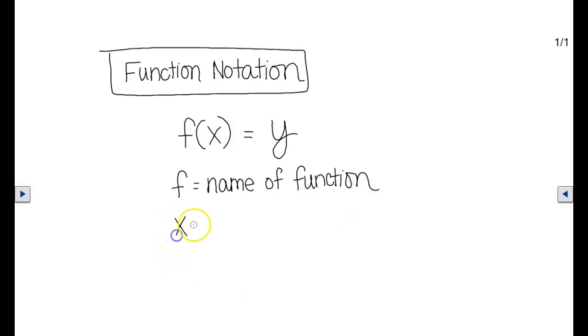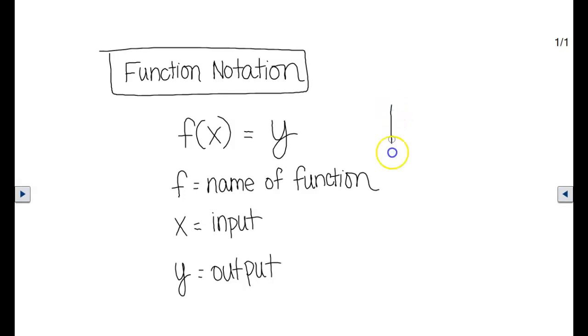We know that x always represents an input, something we are going to plug into that function. And the y represents the output, the answer that we're going to get back. So the function takes that x that you input, does something to it, and produces that related output.